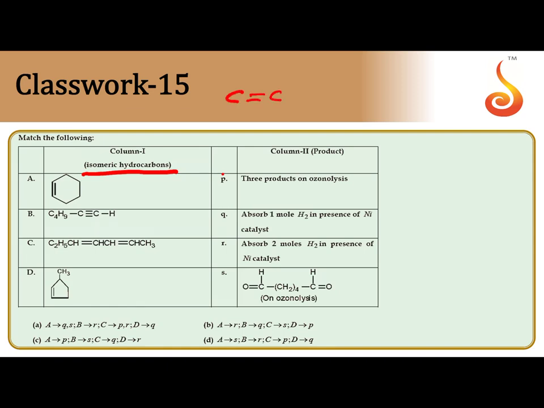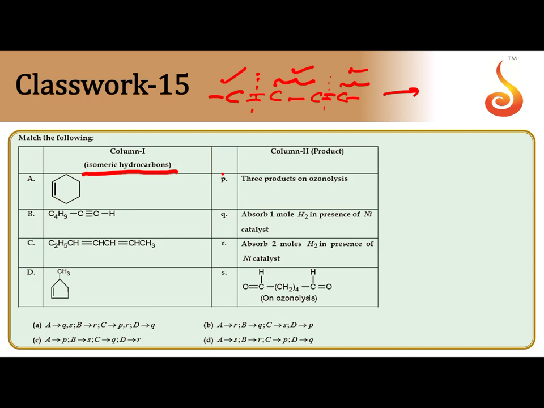If one double bond is present, we can get 2 ozonolysis products. Suppose 2 double bonds are there, we can get 3 products on ozonolysis. This is one, the middle one is one, and the terminal one. So there are 3 products obtained when 2 double bonds are present in the alkene.